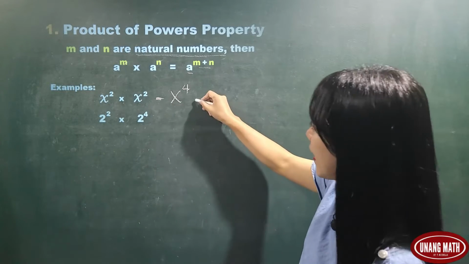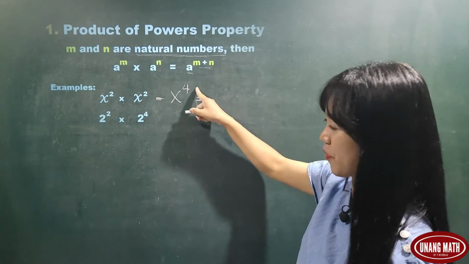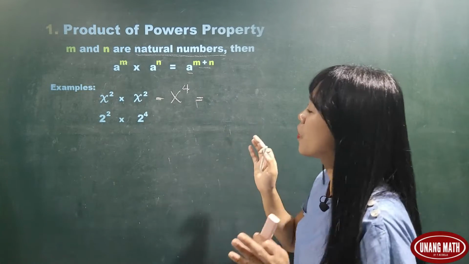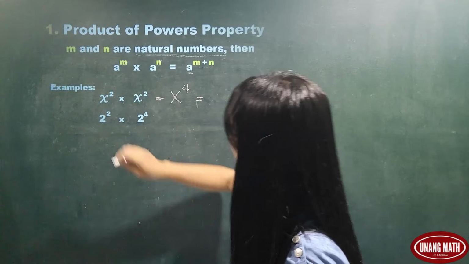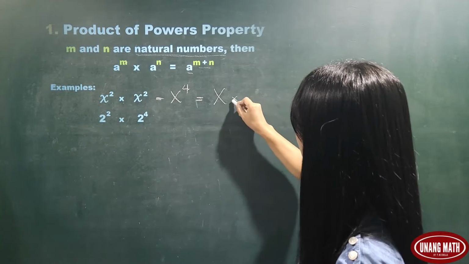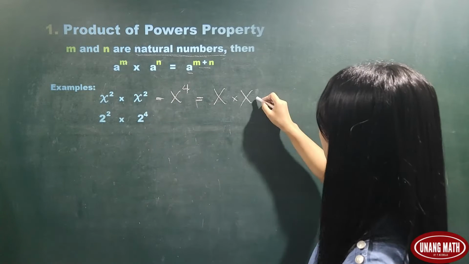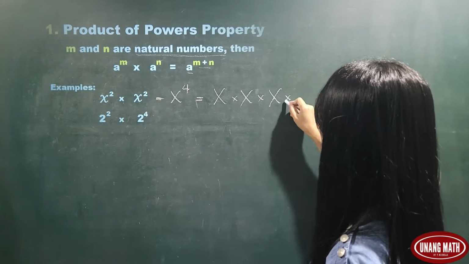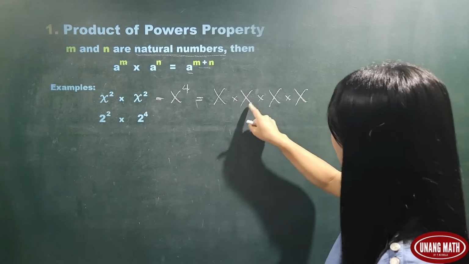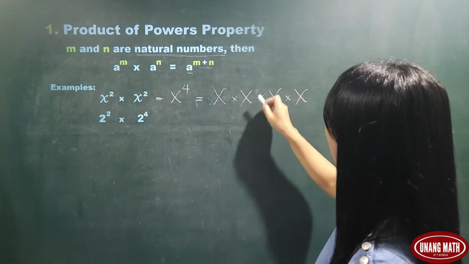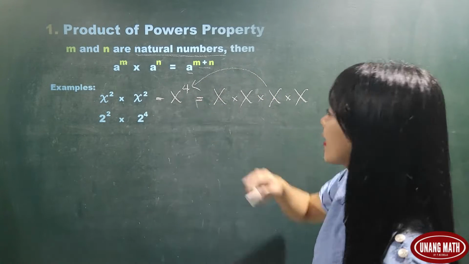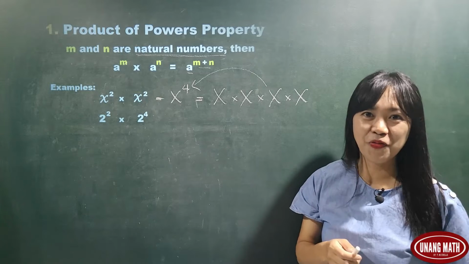But how did we get x raised to the power of 4? If you're going to think, x squared is x times x, times x squared, so that means times x times x. So x times x times x times x. This is equal to x raised to the power of 4.